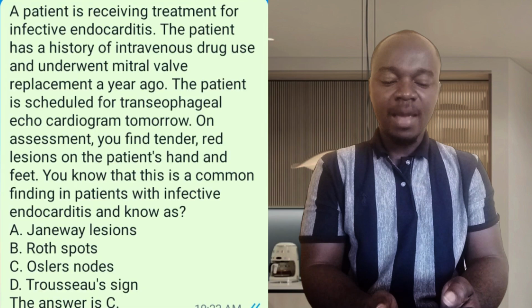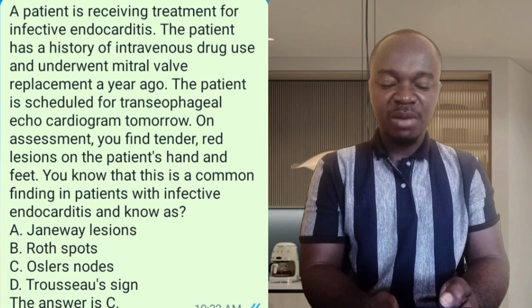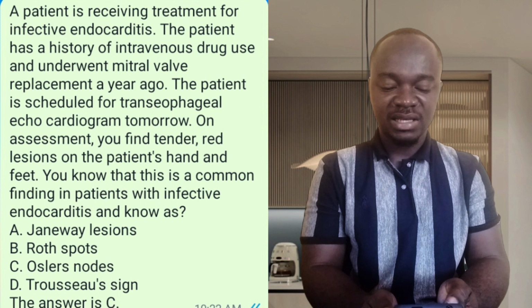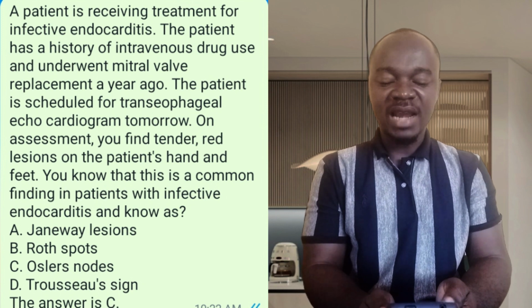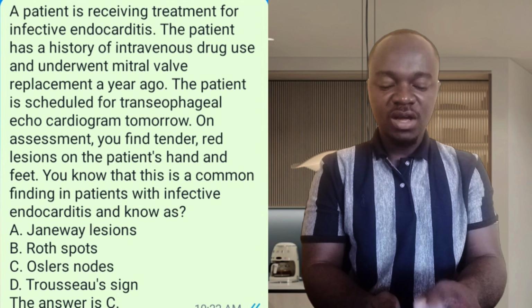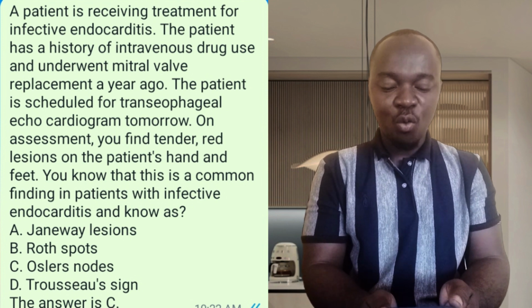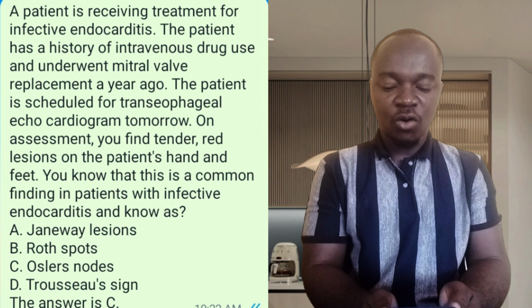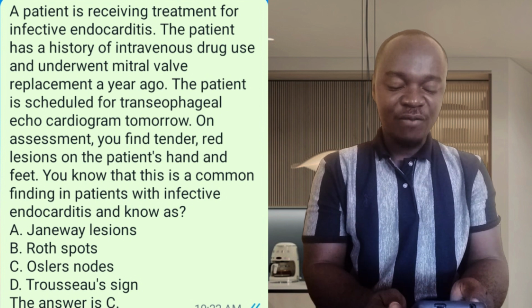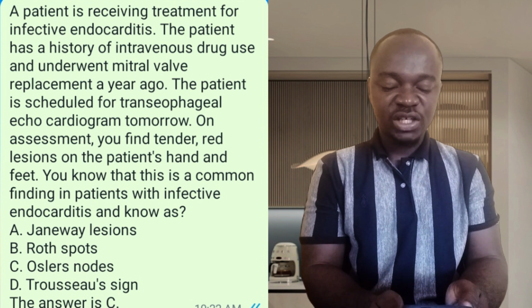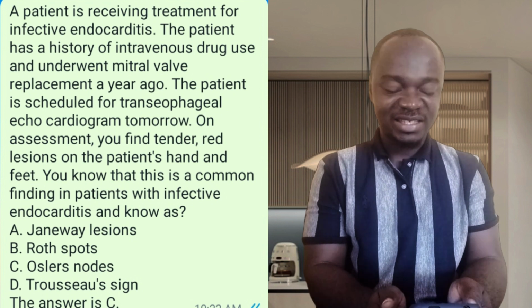Okay, now a patient is receiving treatment for infective endocarditis. The patient has a history of intravenous drug use and underwent mitral valve replacement a year ago. The patient is scheduled for a transesophageal echocardiogram tomorrow. On assessment, you find tender red lesions on the patient's hands and feet.